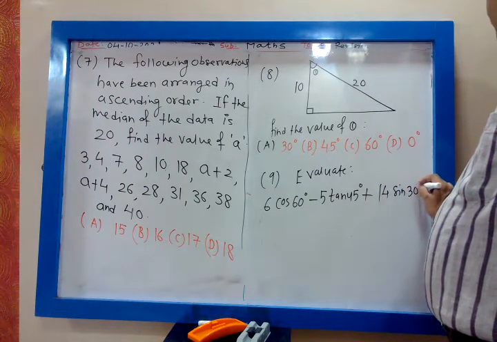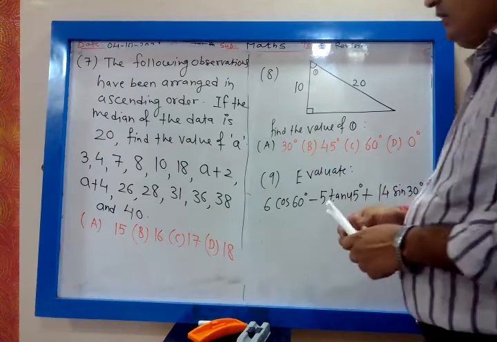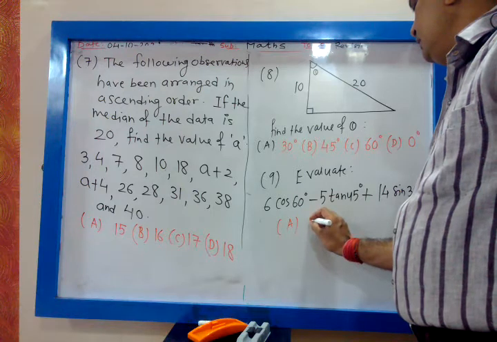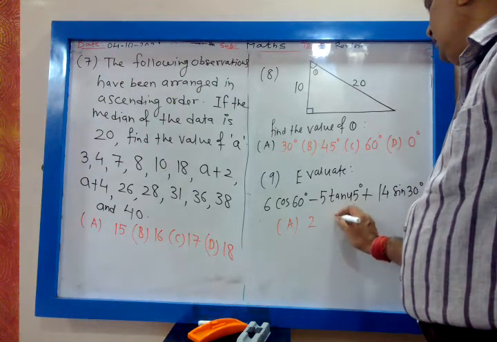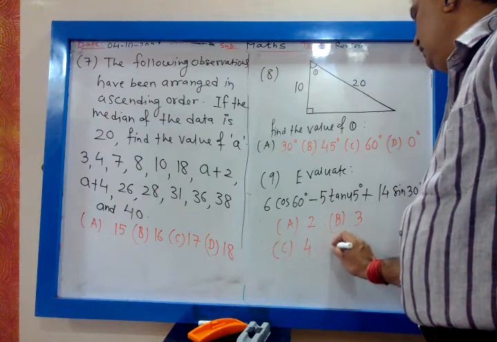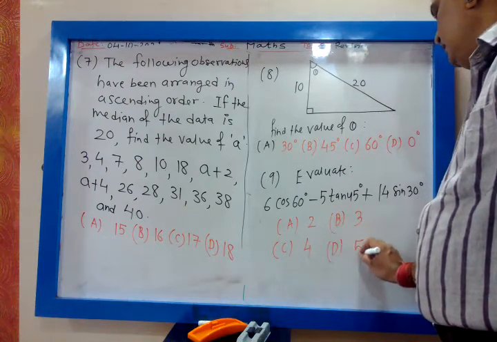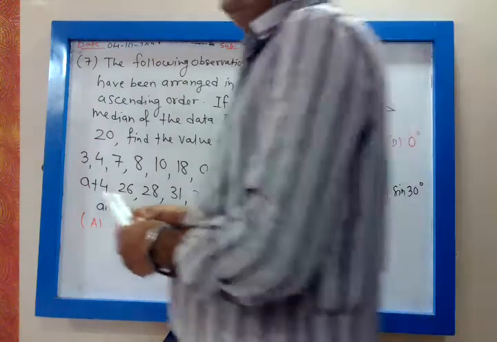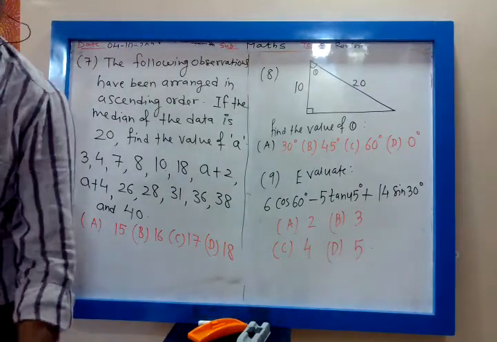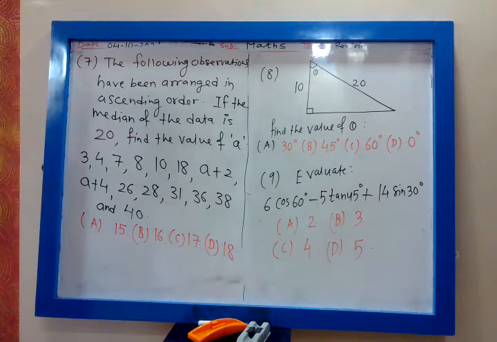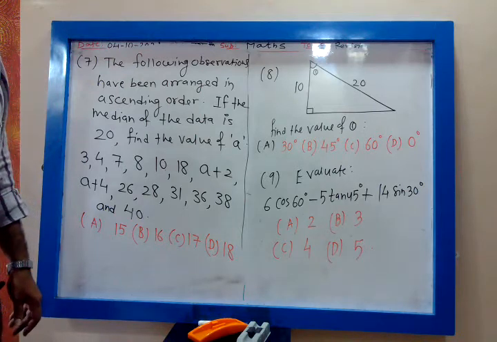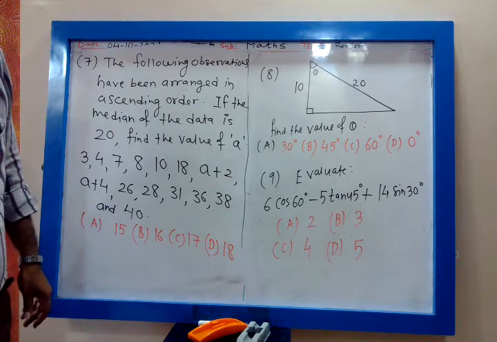The options are given: A is 2, B is 3, C is 4 and D is 5. Shall I do it? Let me see. 8 minutes are there, you can easily do it.